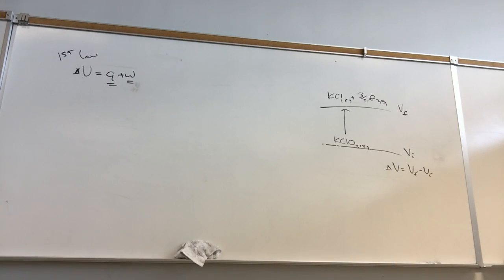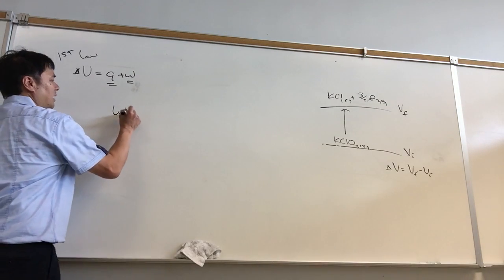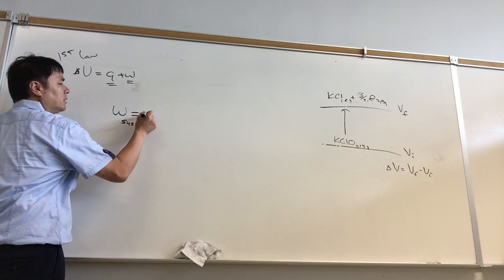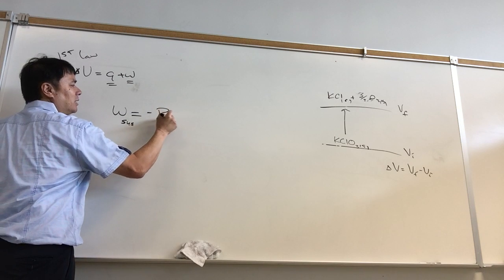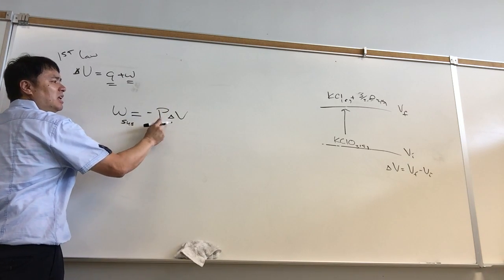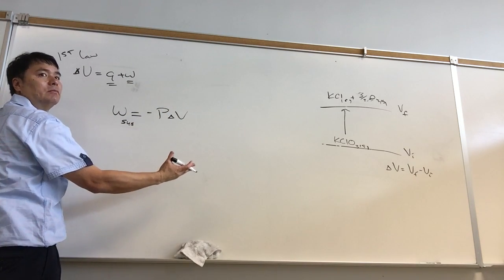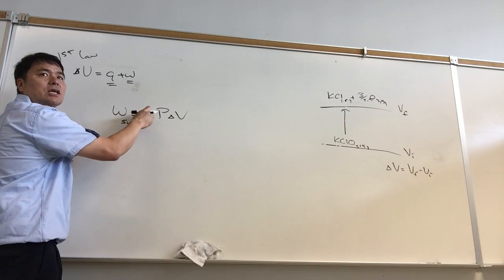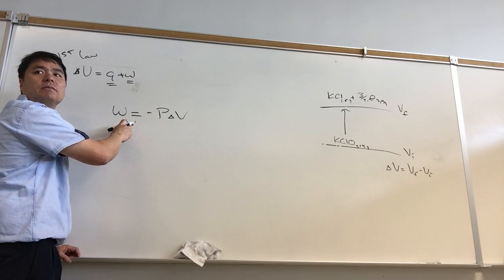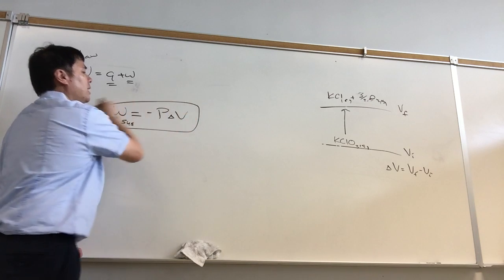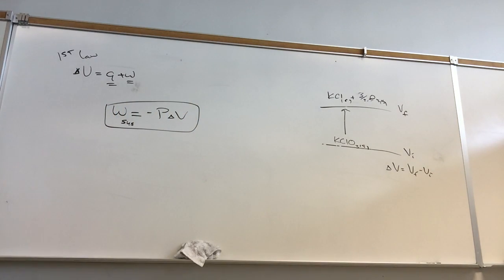If work was done by the system, is it negative or is it positive? It's negative. And so I have to add a sign here. The work of the system is going to equal minus P delta V to make this negative when it blows up the balloon. That means it's going to lose energy in doing that work. And so this is what we have here for this.